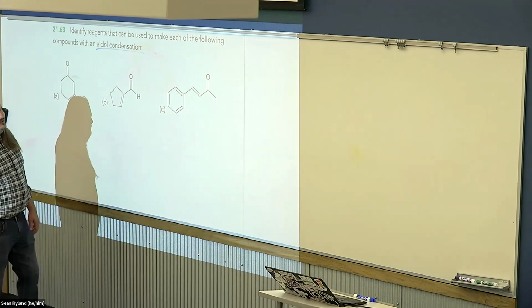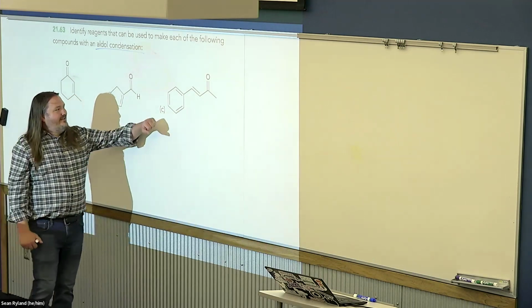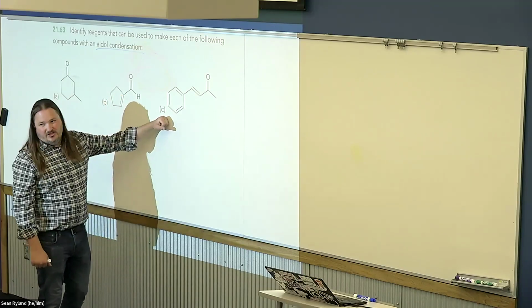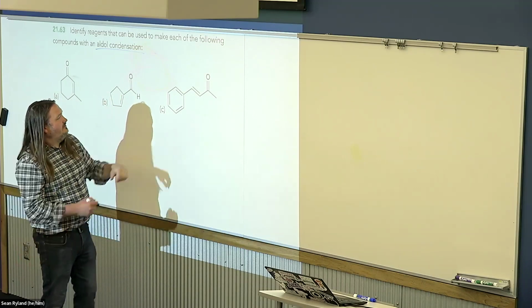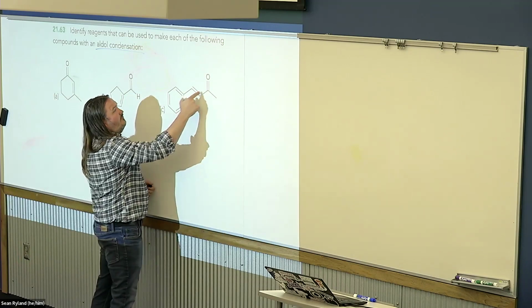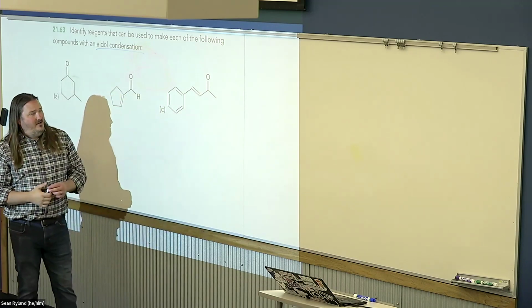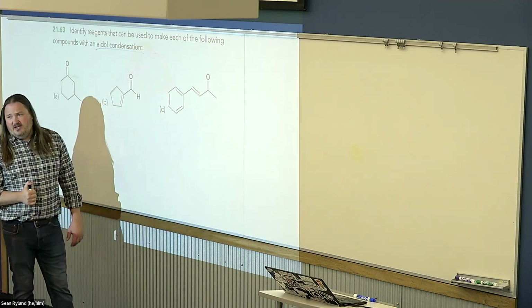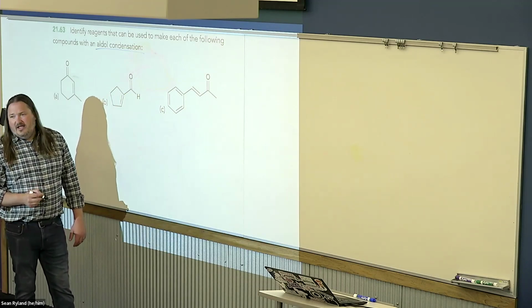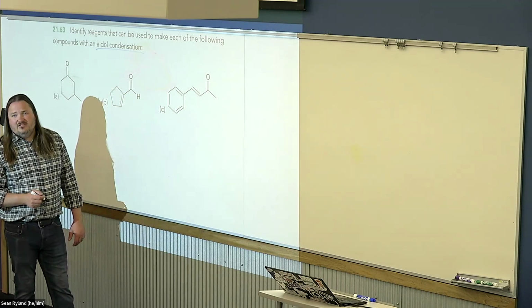Putting all the concepts together. Let's do C first, since this one is actually two separate molecules. So for C, if we wind up with the alpha beta unsaturated carbonyl, where the pi bond ends up is your new bond.